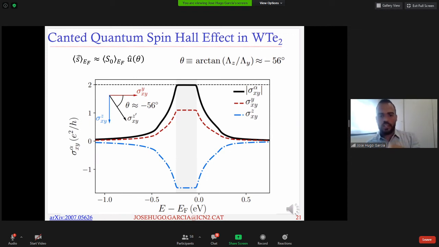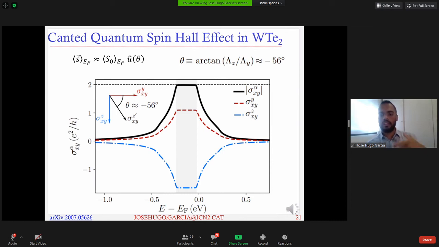We measure the spin aligned in X, in Y, and Z. The spin in X is 0, as determined by the symmetry. But we found a non-quantized spin Hall conductivity in the Y direction and the Z direction that follows a similar relation to what you expect from the spin texture, which is that the Z direction is larger than the Y direction.